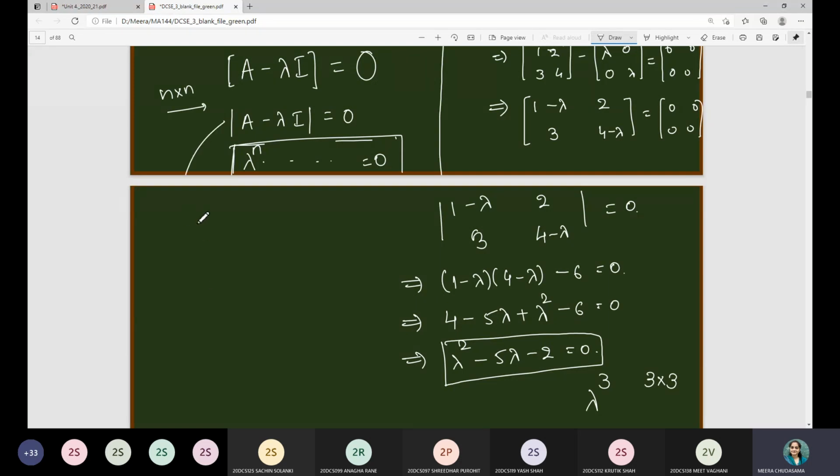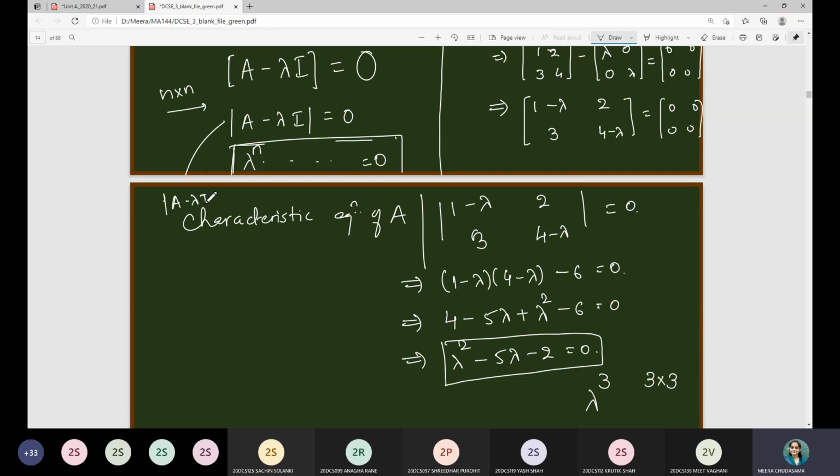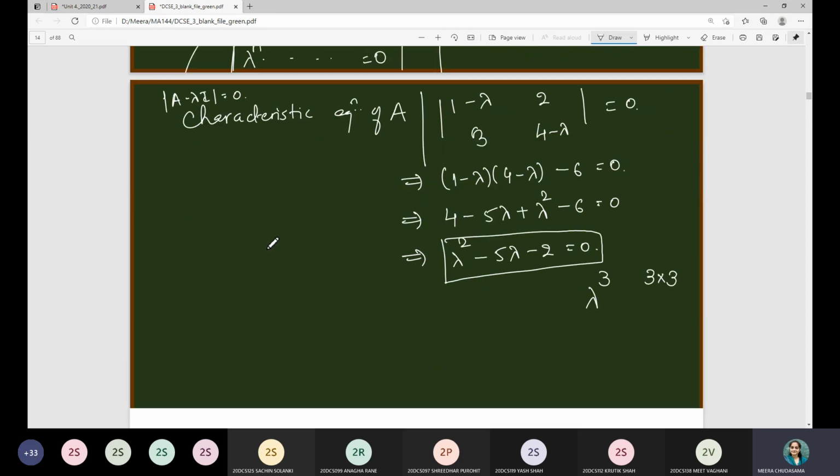That expression is called the characteristic equation of A. This determinant of A minus lambda I is equal to 0 that you are taking, that is called the characteristic equation of A. Then it will be an nth degree equation in lambda.